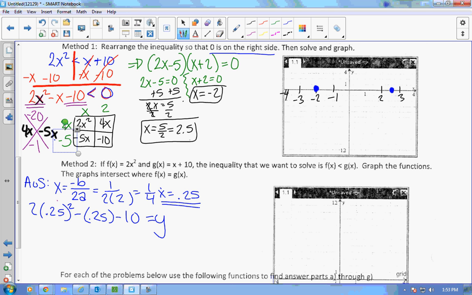It's a decimal, so I'll let you use your calculators. Make sure you square it. The first one is squared. 2 times 0.25 squared.